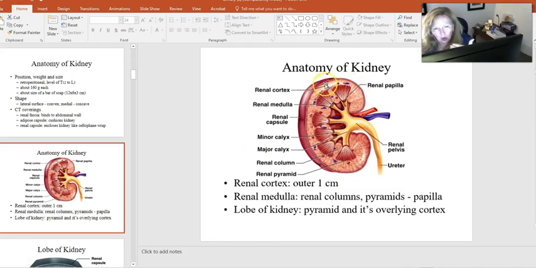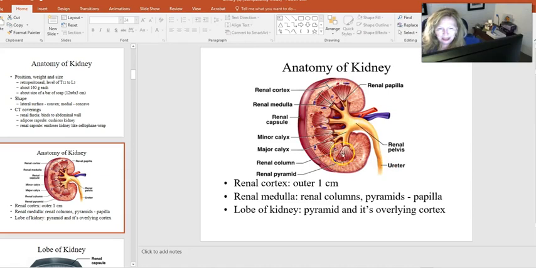So this is the cortex, the outer layer, and you will notice that there are these pyramid like structures that you see here leading to these hollow tubes. These tubes are called minor calyxes, and then minor calyxes join to major calyxes, and then eventually to the pelvis. This is referred to as the renal pelvis, where urine is going to be exiting through this ureter, this hollow tube that is called a ureter.